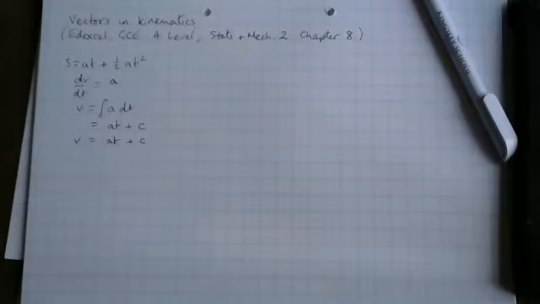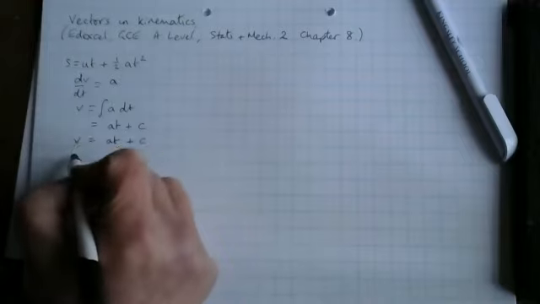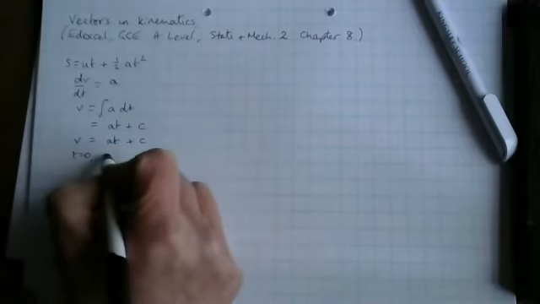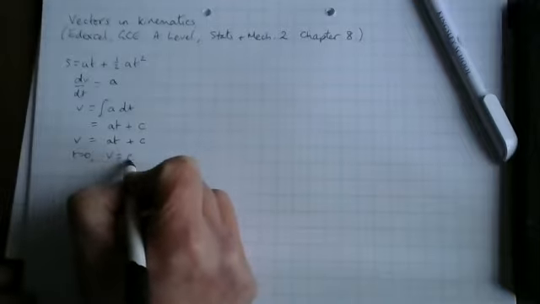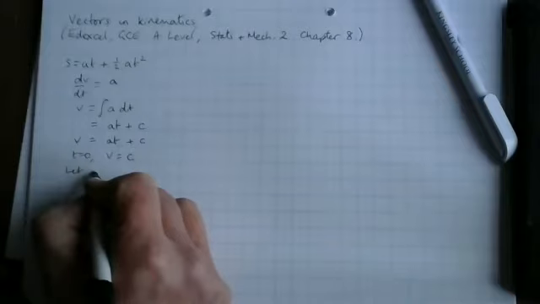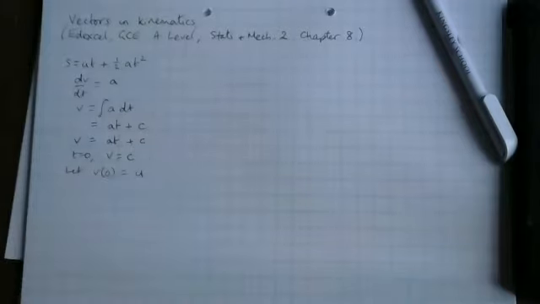And you might recognize that. We always say that c is u. v equals at plus c. Well, that's true if, when t equals 0, v equals c. So let the velocity at time 0 equal u.